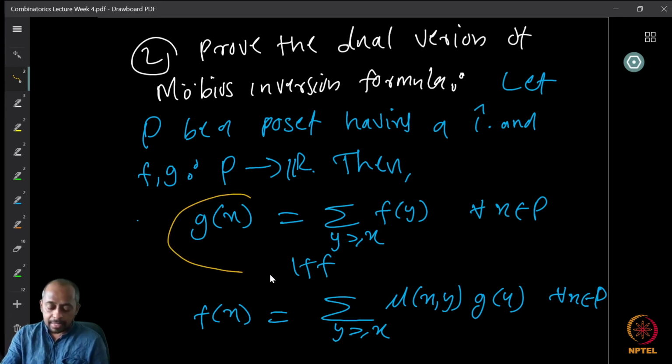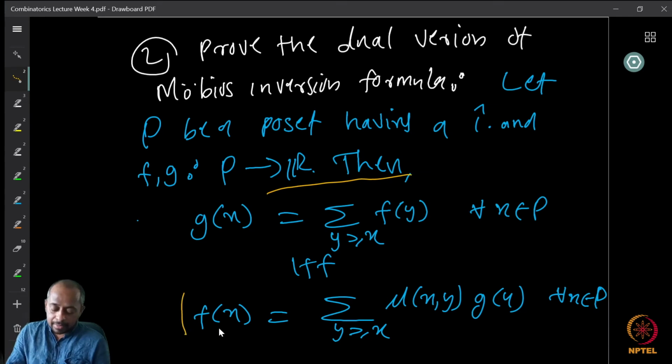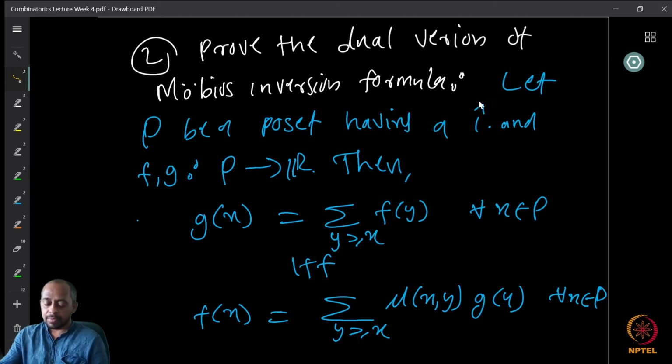Then again, g of x is equal to the summation over y greater than or equal to x of f of y, if and only if f is expressed as the summation over y greater than or equal to x of mu of (x, y) times g of y. Okay, so just note the order, and also there is a 1 here, right? It's different from 0, and then work out the details similarly. So this is called the dual version of the Mobius inversion formula.